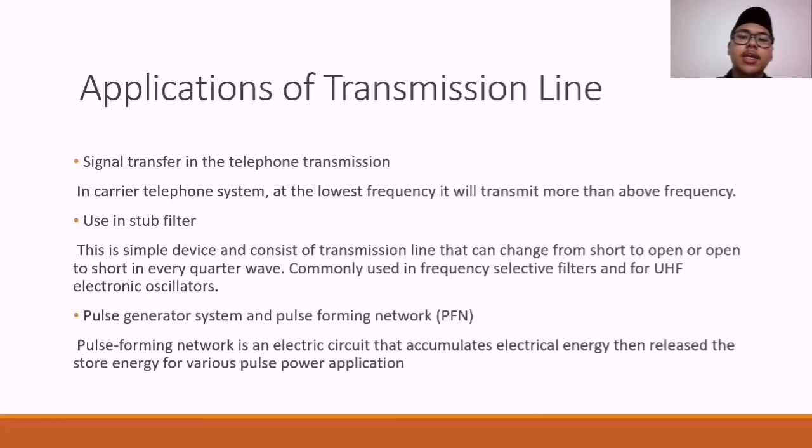A pulse forming network is an electric circuit that accumulates electrical energy, then releases the stored energy for various pulse power applications. The energy storage elements used in a pulse forming network, or PFN, are inductors and capacitors. Their task is to charge when connected to a high voltage power source, then discharge when in a high voltage switch condition.